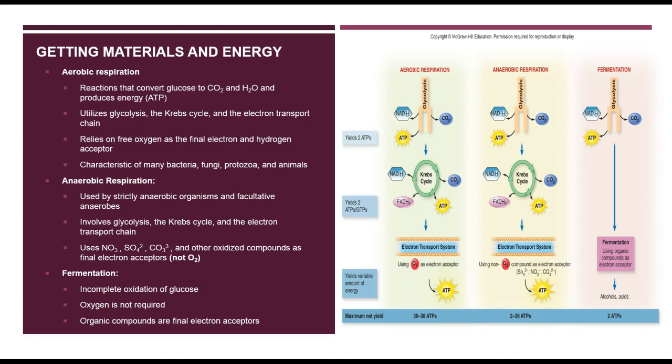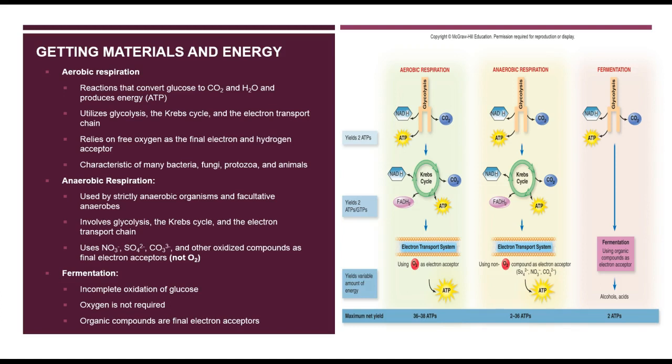You'll also notice that there is a significant difference in the amount of energy that is yielded at the end of these processes. So aerobic respiration generally nets 36 to 38 ATP molecules. Anaerobic respiration can net anywhere from 2 to 36, depending on how far the molecules are taken through the respiration systems.